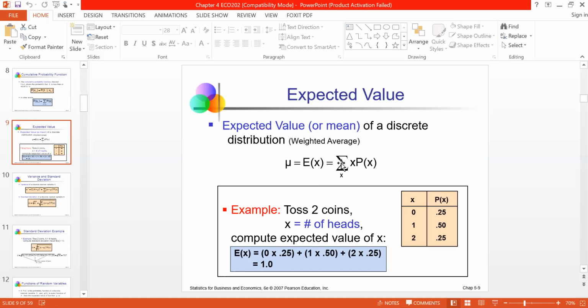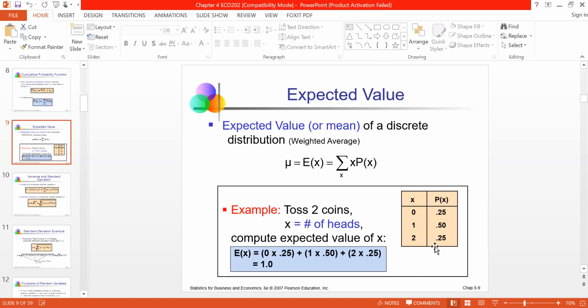These two notations are basically for the mean of the discrete random variable, and the formula says it is equal to summation of x times probability of x, which means that in the random variable table, you have the x's, their possible outcomes, and the probability of x's. You have to multiply each of the x's with the probabilities and then add them all.